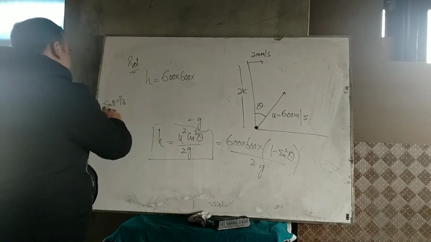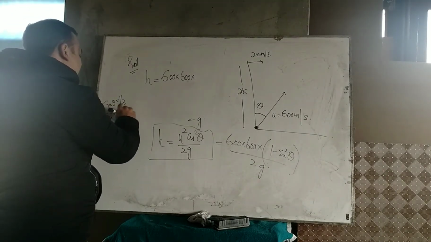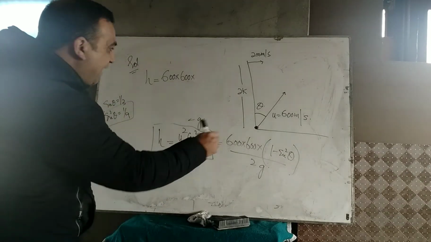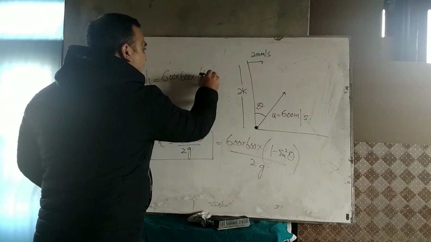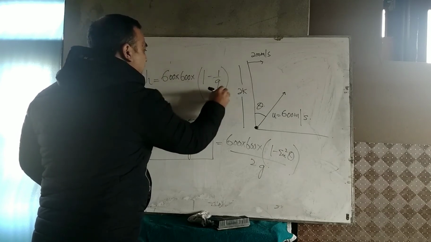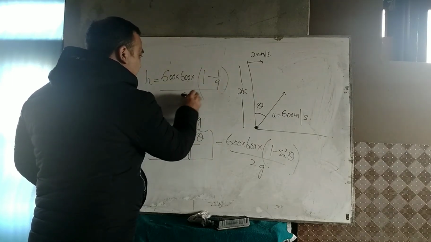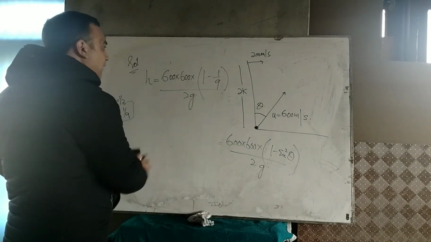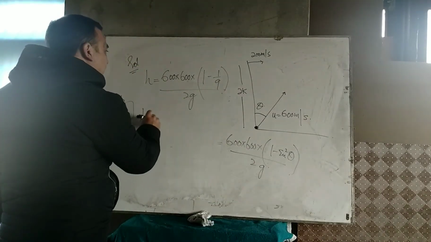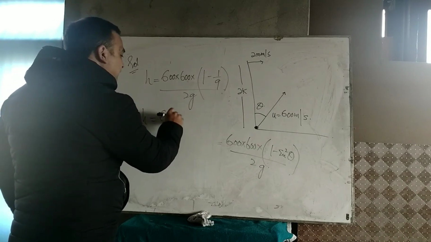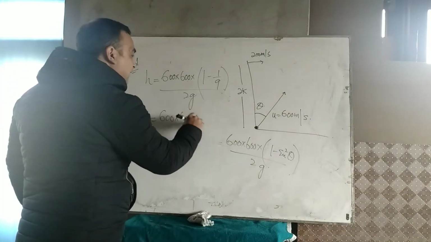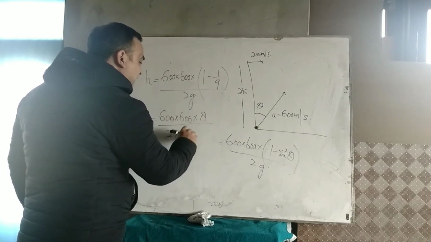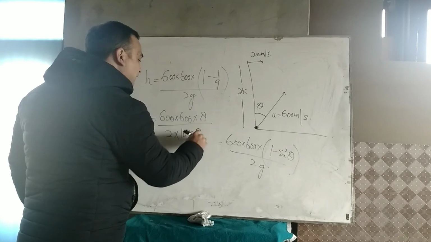So what is sine square theta? That is 1 by 9. So what is 1 minus sine square theta? That is 1 minus 1 by 9, divided by 2g. So h will be equal to 600 into 600 into 8 divided by 2 into 10, taking the value of g equal to 10, into 9.